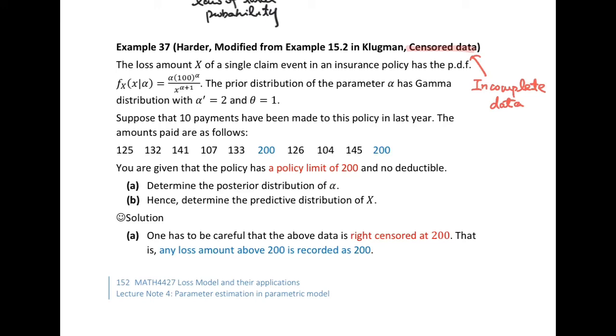In this example, we consider the loss amount in a single claim event in an insurance policy, and this loss amount follows a certain distribution with the PDF equal to this.